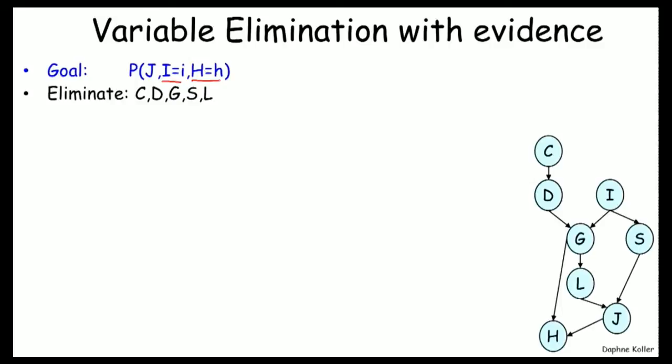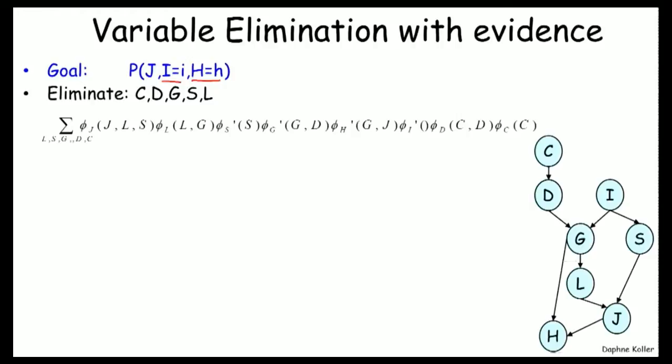And the way in which we do that is by reducing the factors to correspond to this scope. So we take each of the factors that involved I, and we instantiate it to take a particular value for that I, the value little i, and similarly for H.